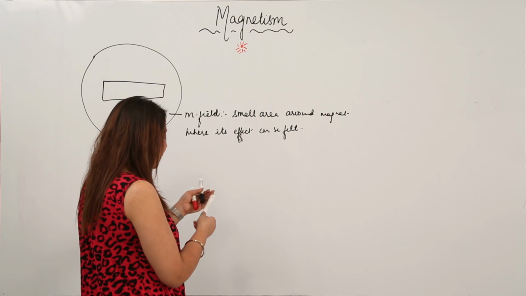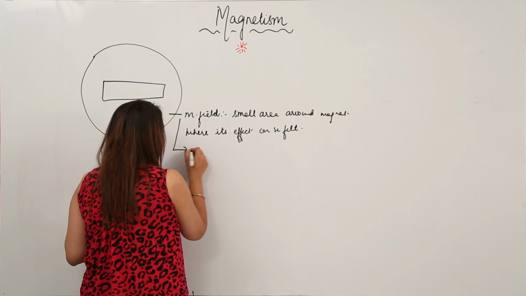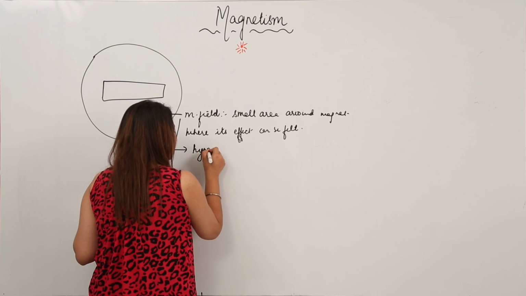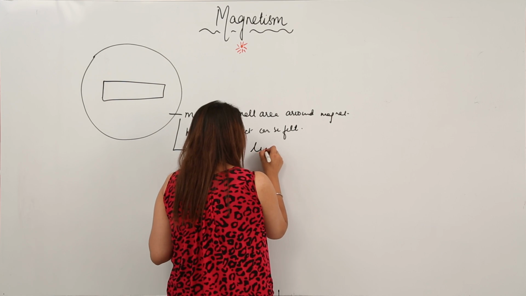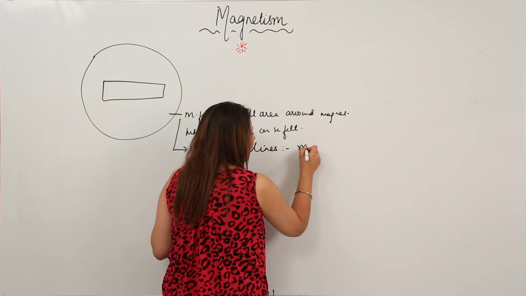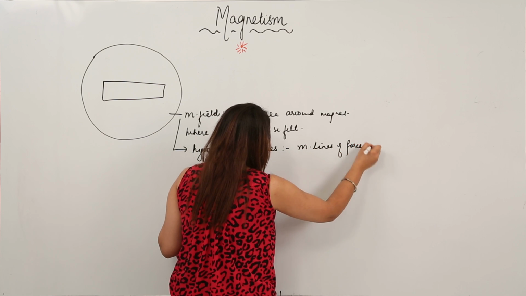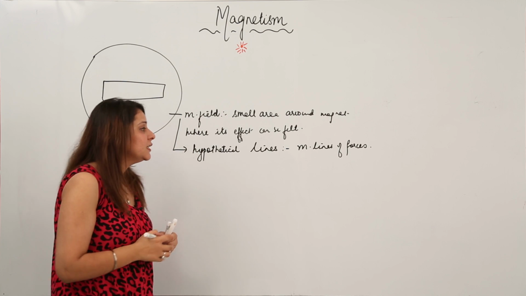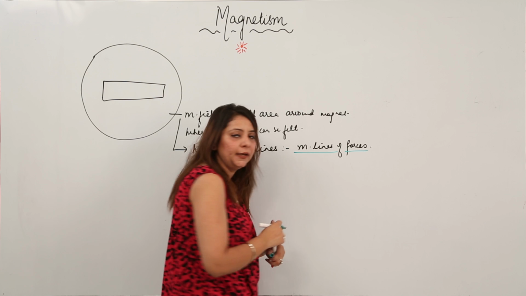But in order to study the magnetic field, we consider hypothetical lines called magnetic lines of forces. We just consider these lines in order to understand the magnetic field properly.